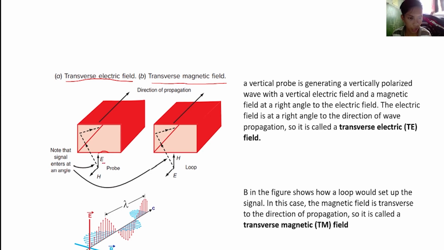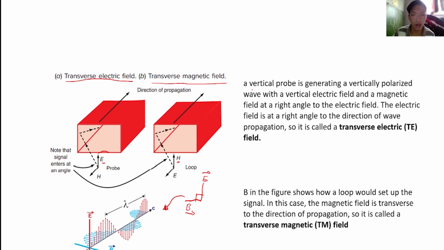This is E, and the magnetic field is H. As you can see, it is inverted by 90 degrees, which I put here as a review. This is the electric field and the magnetic field, and as you can see, they are at 90 degrees.